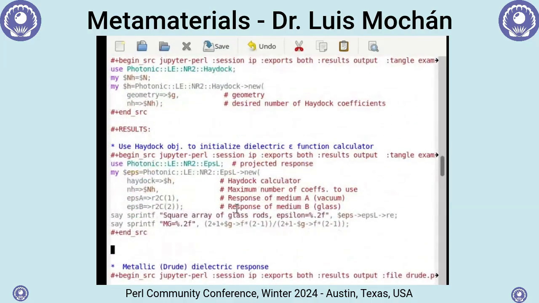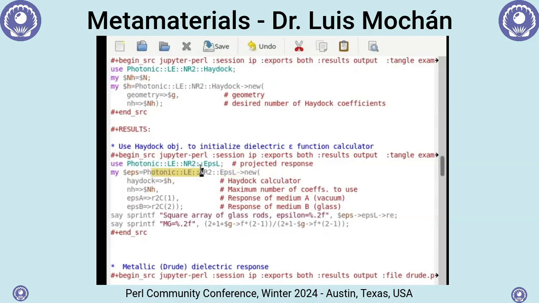And then once I have a Haydock coefficient calculator, I can use it to calculate the electric function of the system, the macroscopic electric function, projected into the direction I chose when I made up the geometry.